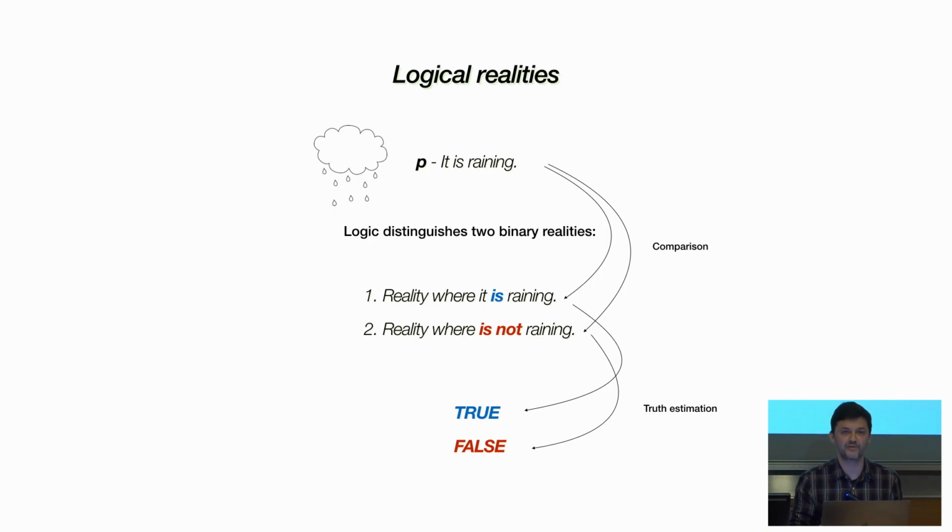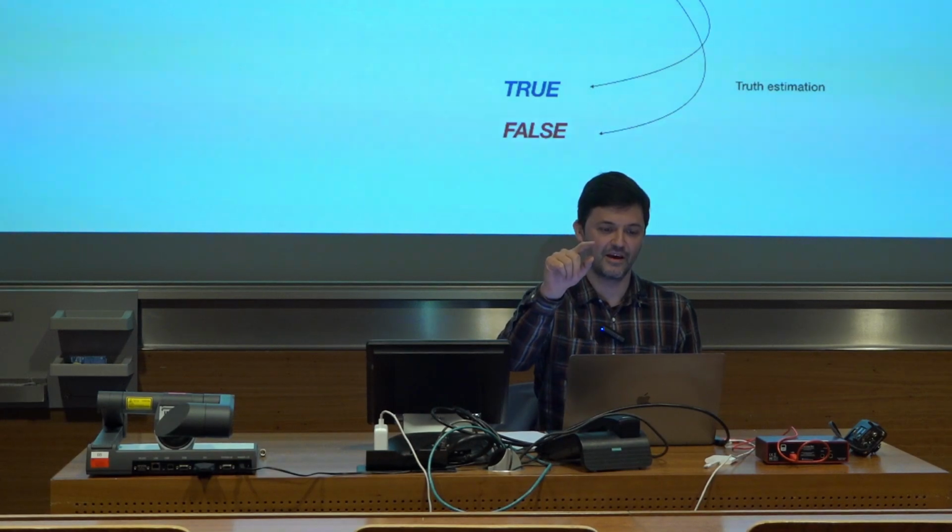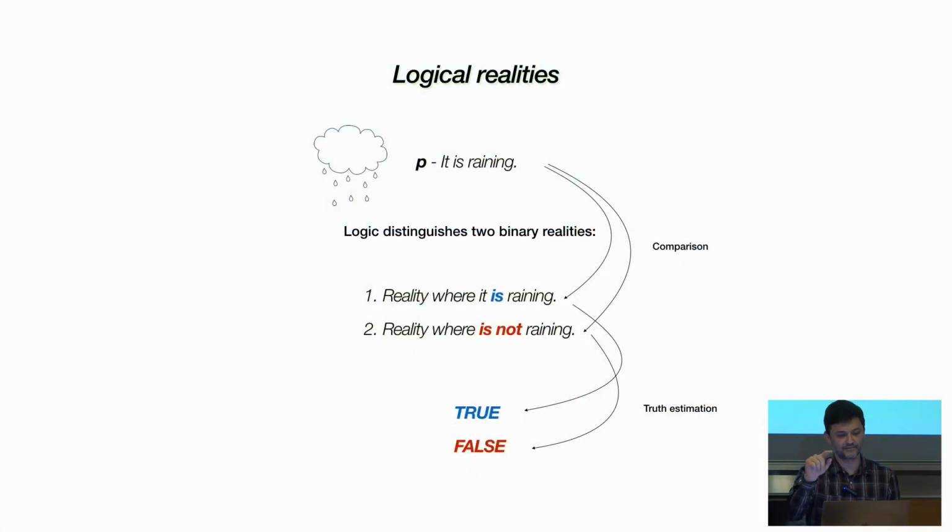One reality is where it is raining, and another reality is where it is not raining. Then it asks the first statement, is it raining? It compares it with the reality where it is raining. So in the reality where it is raining, it is a true statement. And in the reality where it is not raining, the P statement, it is raining, is a false statement.